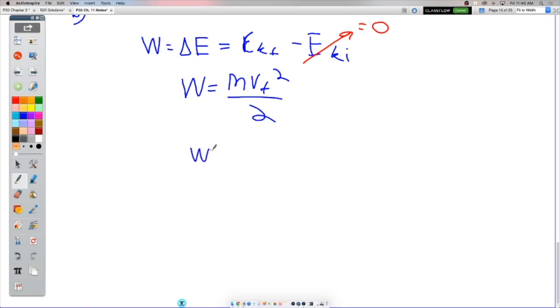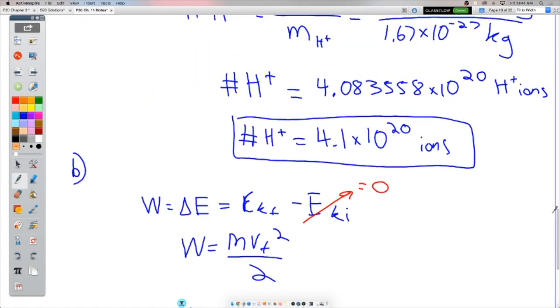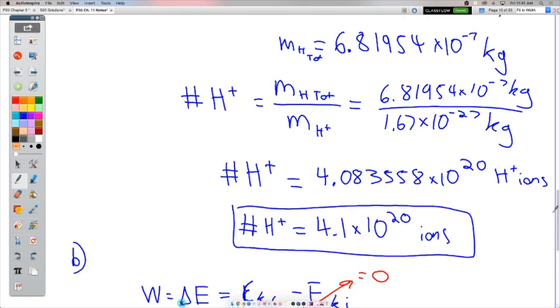Okay? So the work then is equal to, what is the mass of the hydrogen ions? Well, it would be 1.67 times 10 to the negative 27 kilograms times this number, right? But we already found the total mass. Let's just use that, right?